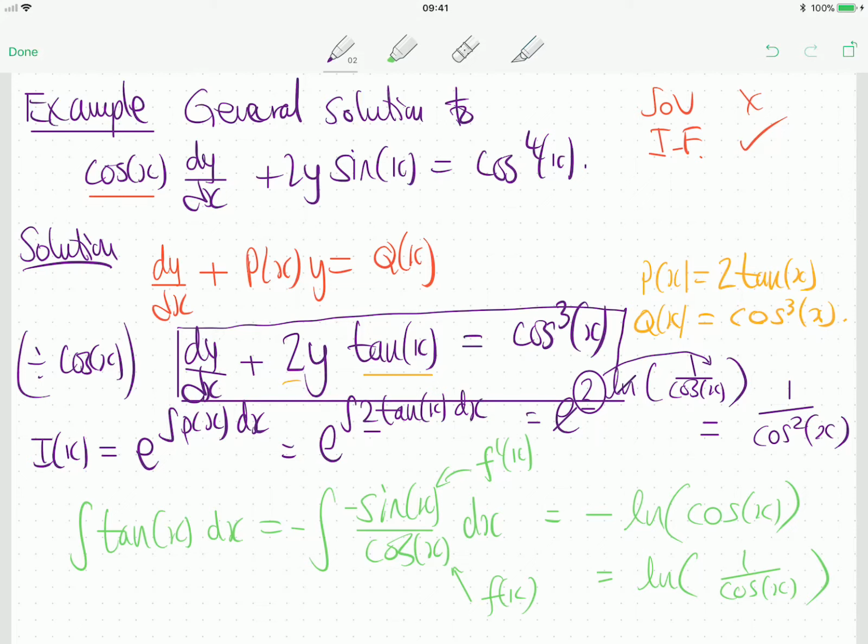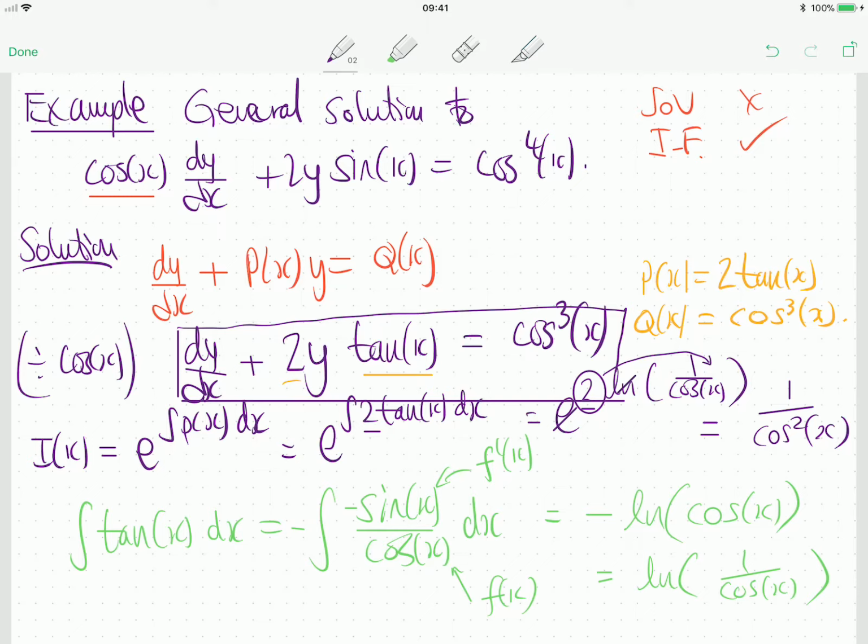We want to times through by the integrating factor 1 over cos squared. So what are we going to have? Well, the left-hand side is always the same. It's just a product rule of the integrating factor and y. And the right-hand side simplifies quite nicely, just down to cos.